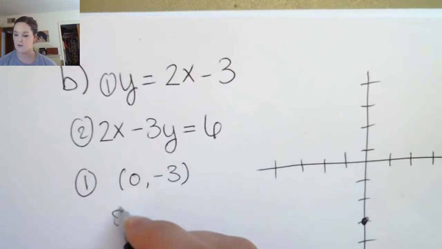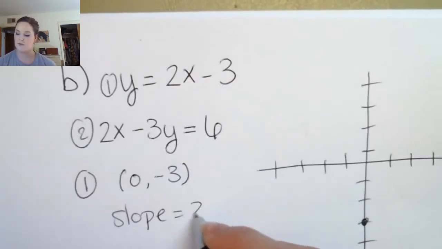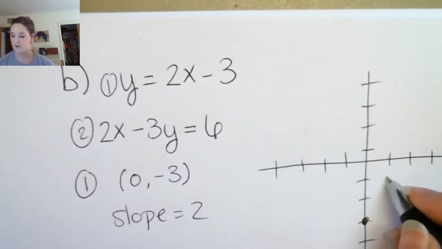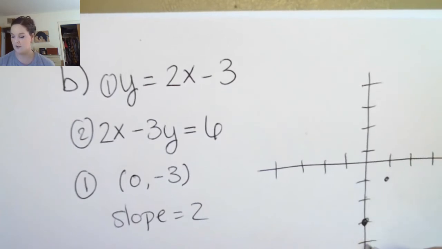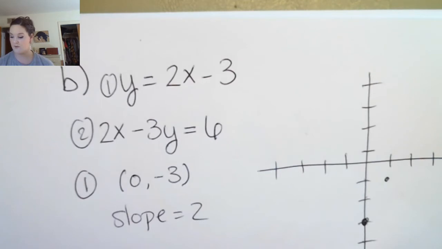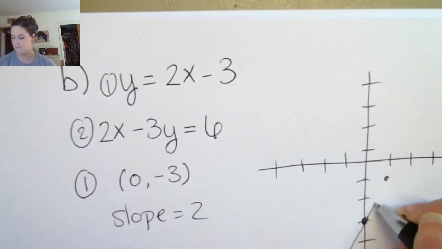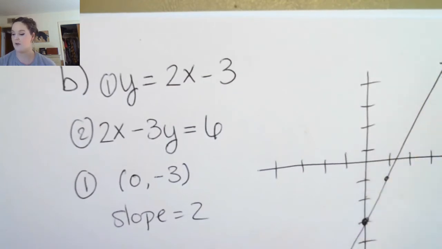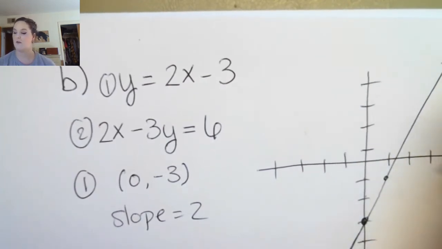Then my slope is 2, so I'm going to go up 2 and over 1. Just to remind you, you could also go down 2 and left 1. So this is going to be my first graph.